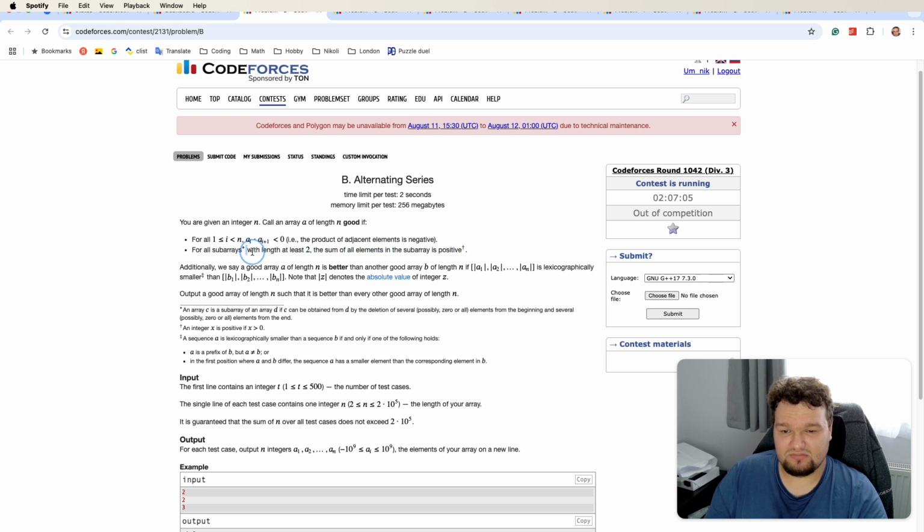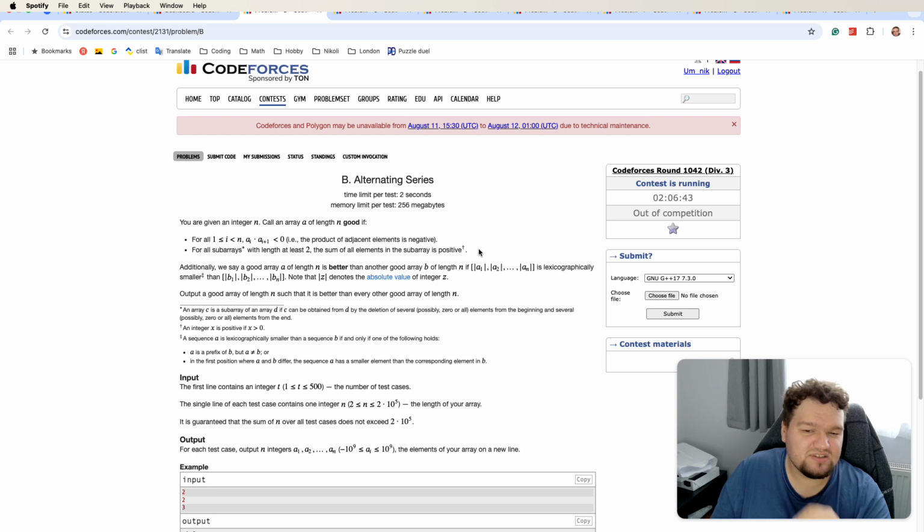Okay, for all subarrays with length at least 2, the sum of all elements is positive. So we can't have zeros, so our elements must be at least 1 by absolute value. Can we have just ones? Well, not exactly.